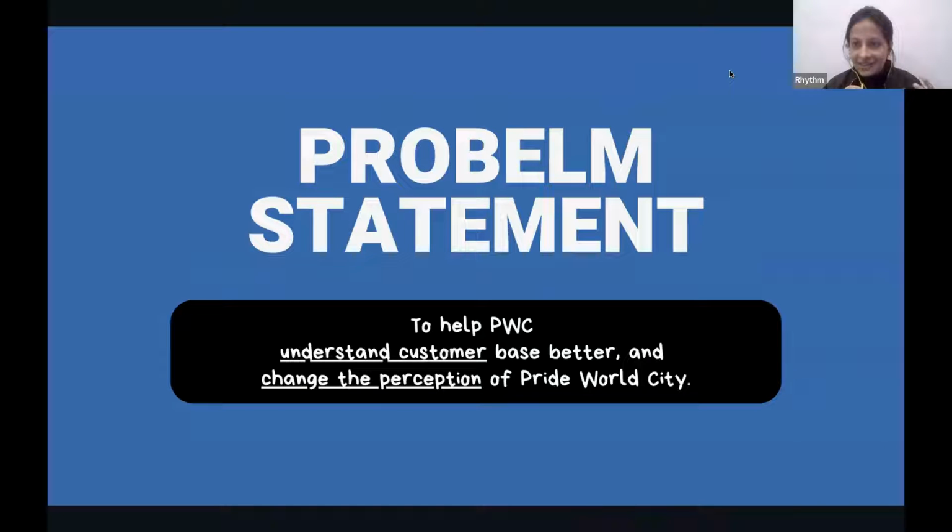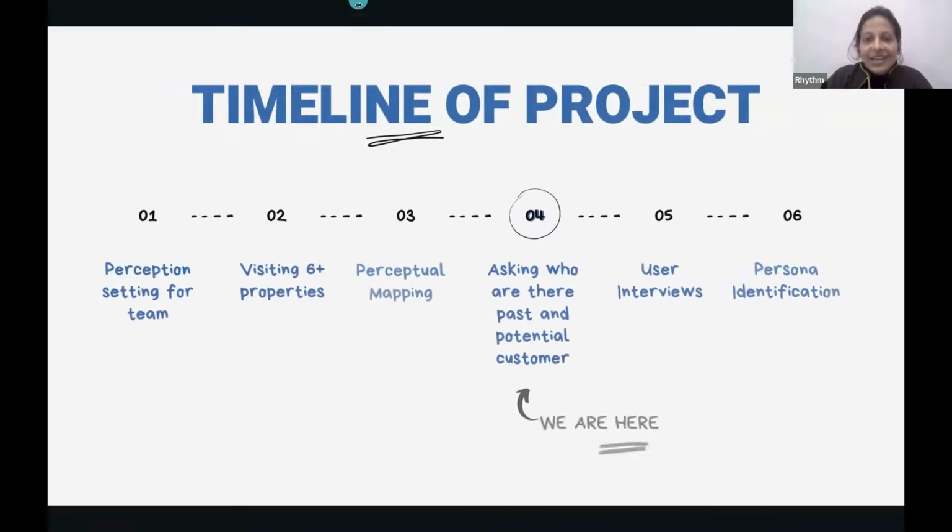Understanding this perception of customers is so important so that a brand can figure out the right messaging. That is what we suggested to help Pride with: to understand the customers better so that we can strike the right messaging, which would help get us better customers, the right customers.